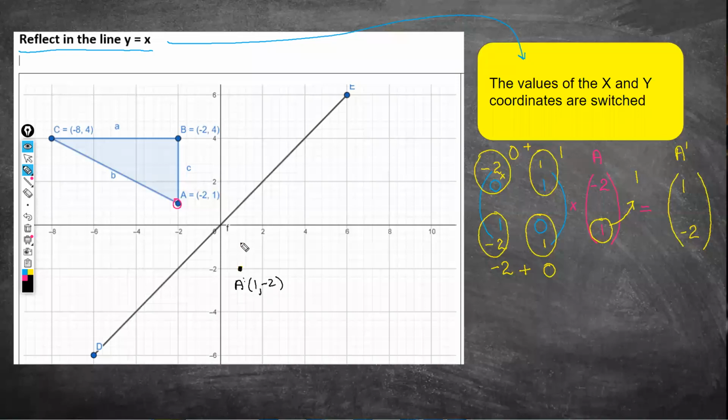Look at it again. 1 on the x-axis, minus 2 on the y-axis. You all notice that we did the same exact thing the yellow note was saying. Anytime you are reflected in the line y is equal to x, all you are doing is switching the places of the x and y value. Look at it. A was minus 2, 1. Therefore, A prime was 1, minus 2. We just switched positions.